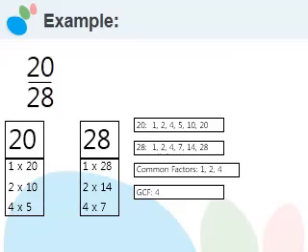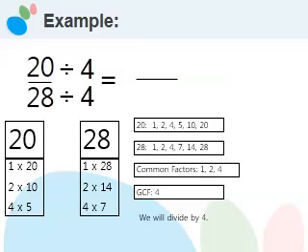The common factors are 1, 2, and 4, but the greatest one is 4, so I'm going to divide both terms directly by 4. So I will get the fraction which is in the simplest form. It's 5 over 7. So 5 over 7 is the simplest form of the fraction.